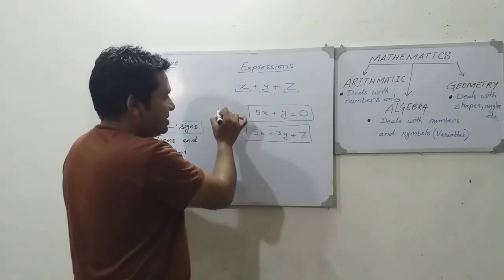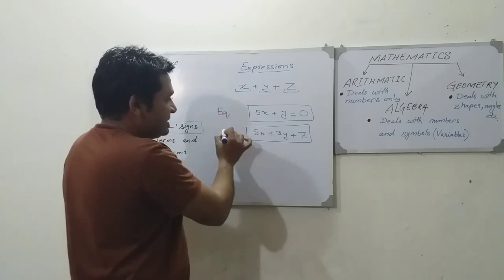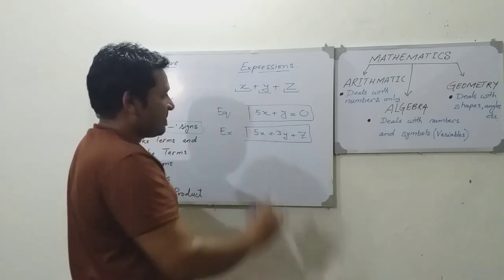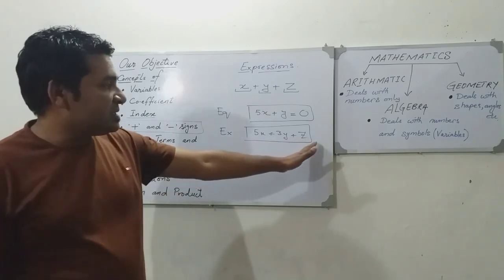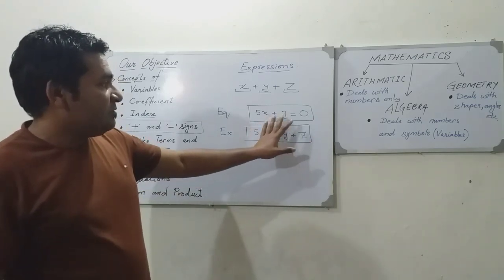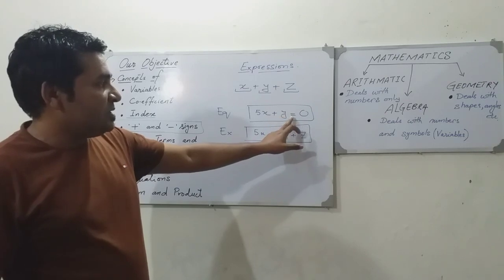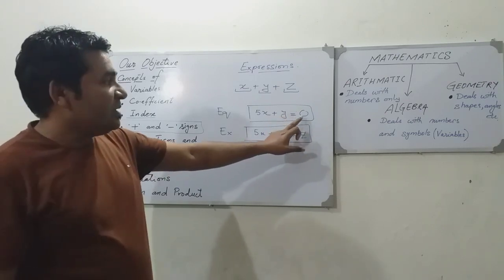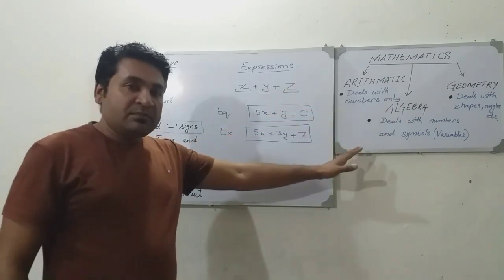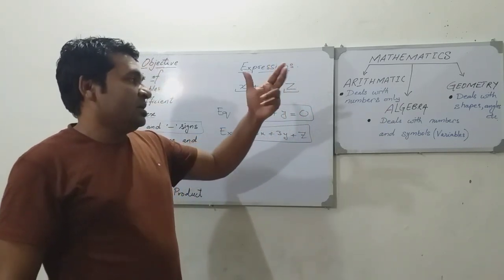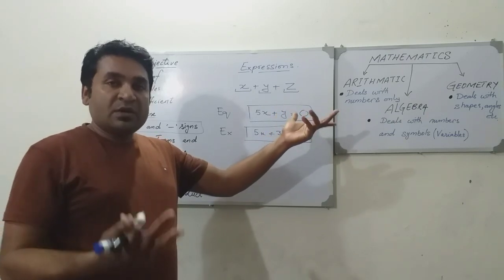This is an equation, and this is an expression. So you can see the difference, that in an expression there is no equal sign, and in an equation we put an equal sign to the right of the expression and put it equal to 0, or any other term, like it can be z, y, x, or any other number.